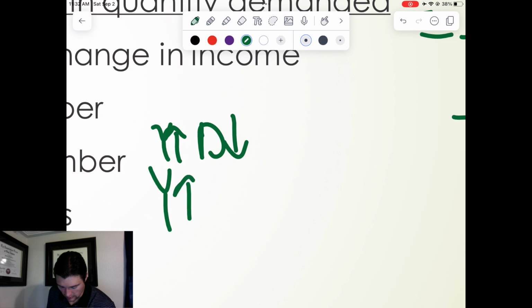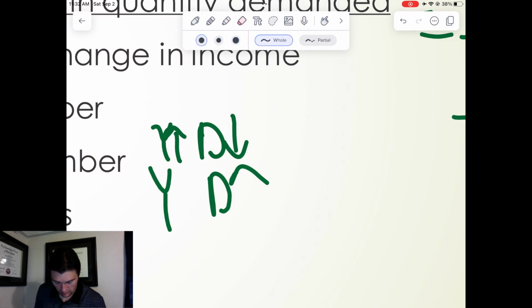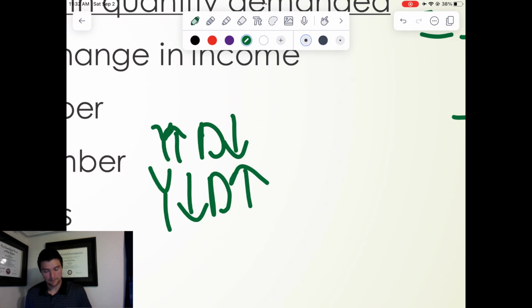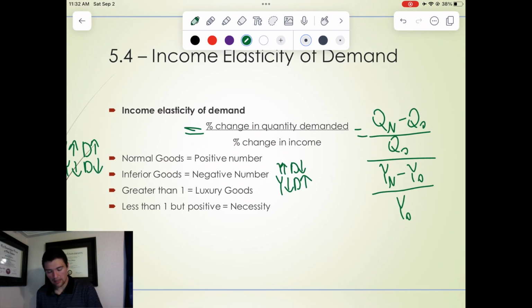So if your income's going down, you're actually going to demand more of these goods. So again, if income's going down, demand's going up, positive, negative, that's a negative number.